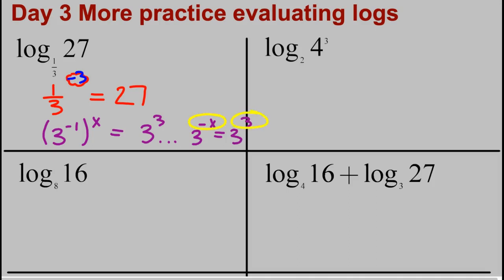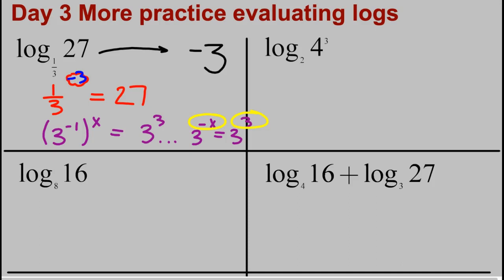So when does -x equal 3? When x is -3. So all of that just to say -3. So when you evaluate the log of 27 base 1/3, you really found an exponent that is negative 3. Okay?